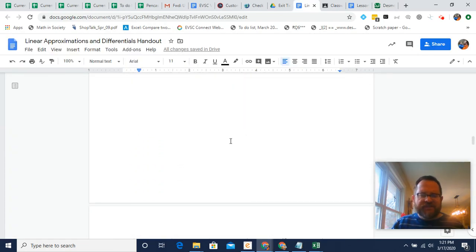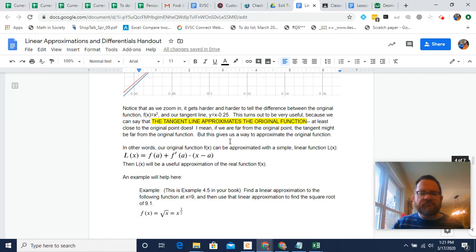Let's go back over here for a minute to look at the handout some more. As we zoomed in closer, once we have made that tangent line, what we see is that in the area around where that tangent line is touching our original curve, the tangent, I even highlighted that yellow, the tangent line approximates the original function.